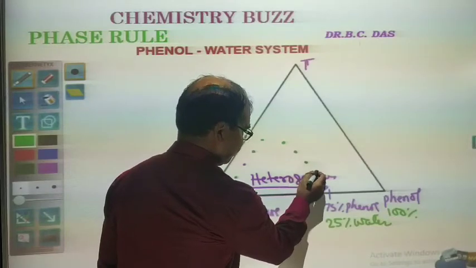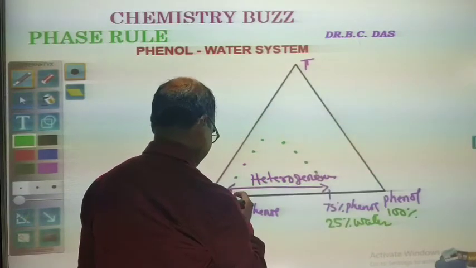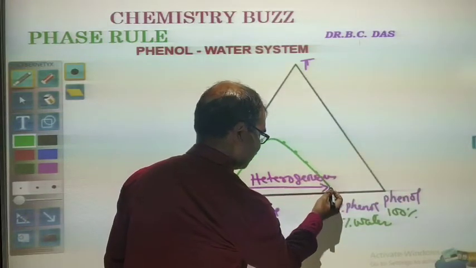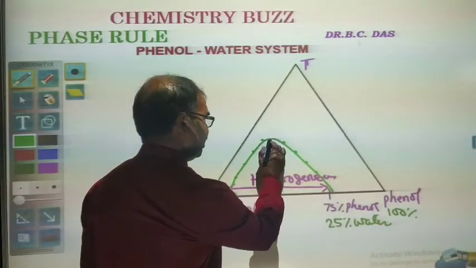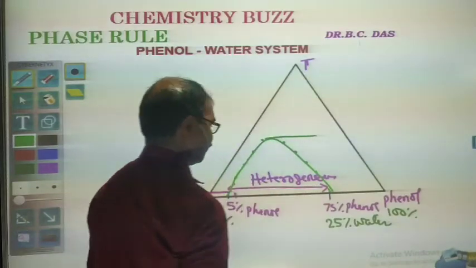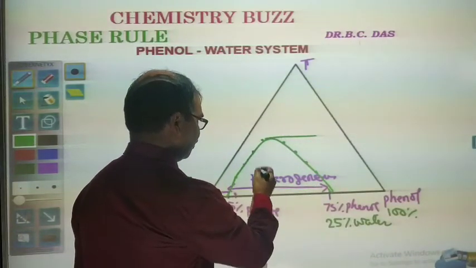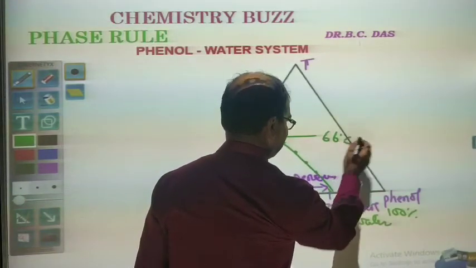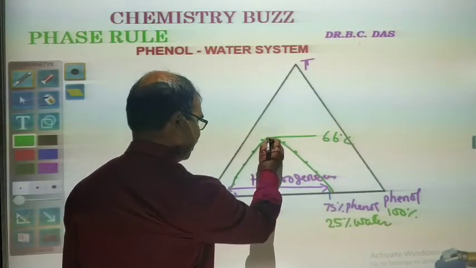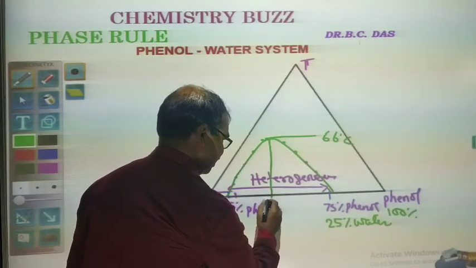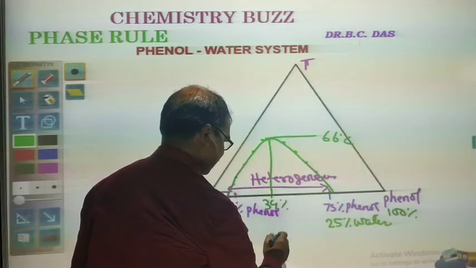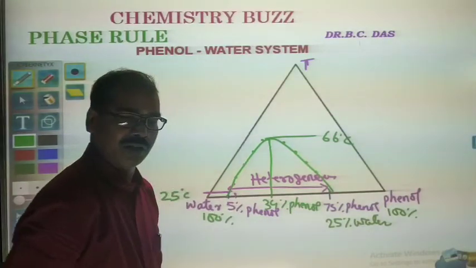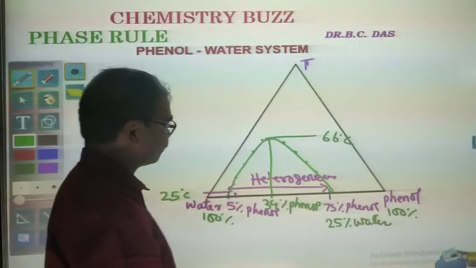So we can get a curve like this. This is the maximum temperature, that is 66 degrees centigrade, and this composition is 34% phenol. So 34% phenol means 66% water.